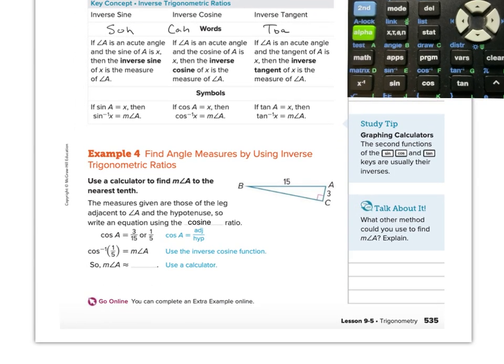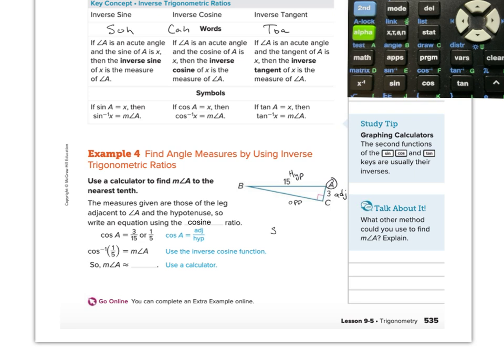So here it says use the calculator to find the measure of angle A. Well, according to angle A, this would be the opposite side, this would be the hypotenuse, this would be the adjacent side.